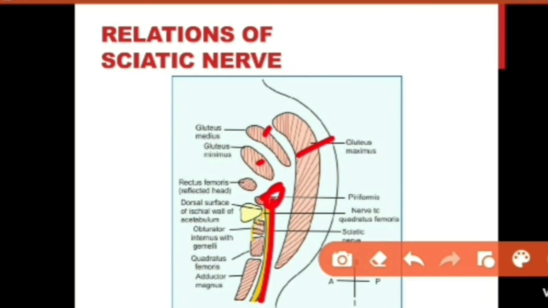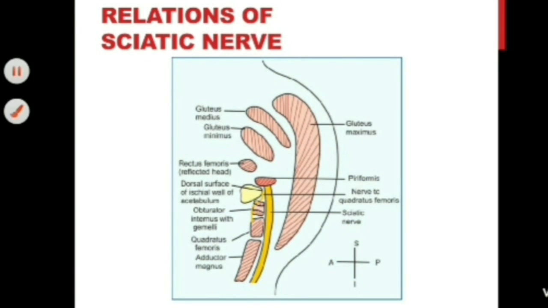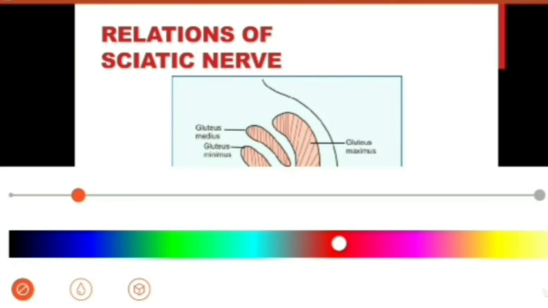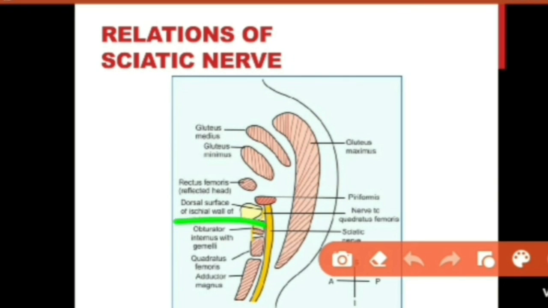So the deep relations. First you have the body of the ischium here. Okay, so body of the ischium, which is the first one. We are going to look at it above downward, by the way. Then we have the obturator internus with the gemelli. Now I'll try to put it in different color just so that you guys can visualize it. So the gemelli, superior gemelli, the inferior gemelli.